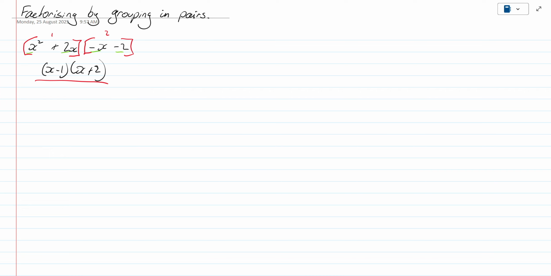So if we have a look at an example in red, we'll go x squared plus 3x minus 2x minus 6. We're able to split it down the middle. That is one group of pairs, and that is the other group of pairs.